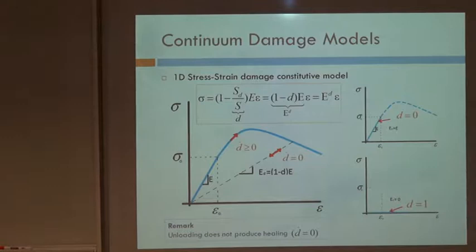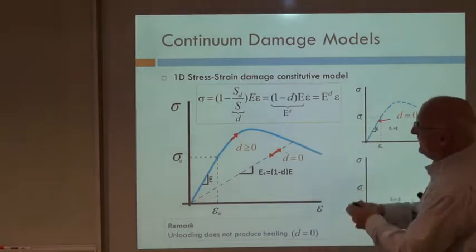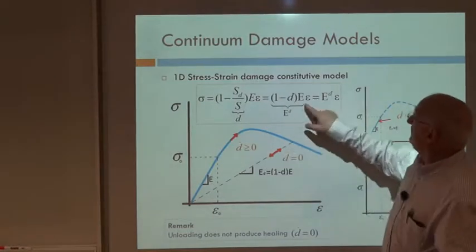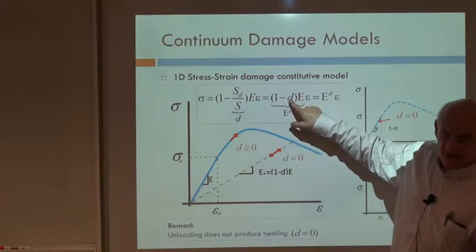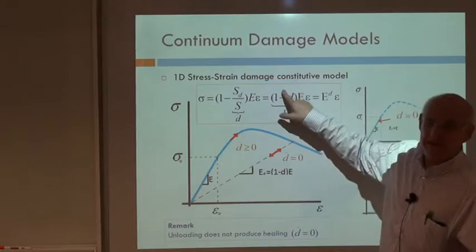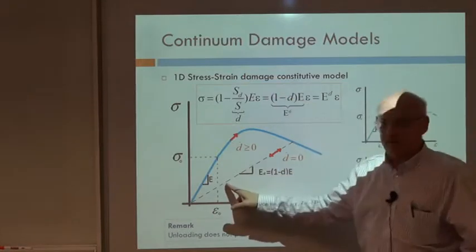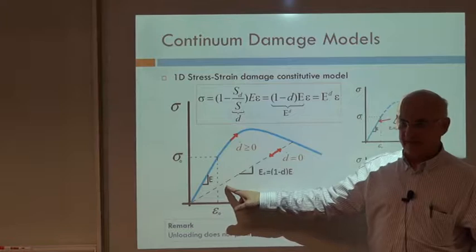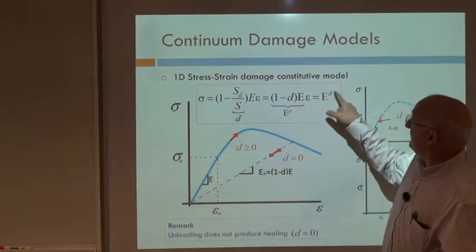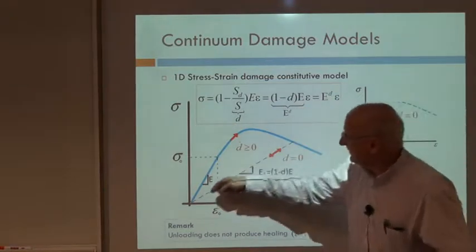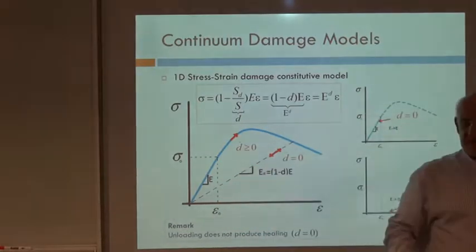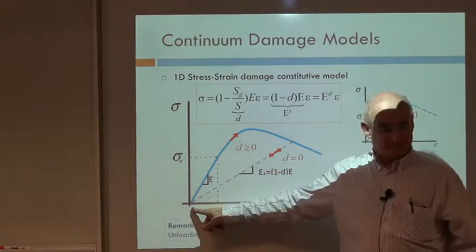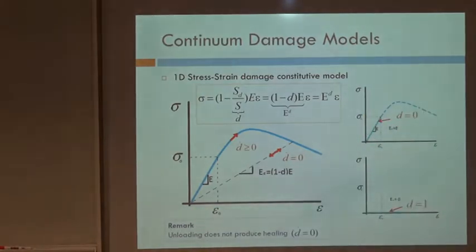So what I'm saying is that at this point, I decrease the strains, then d dot will be 0, so d will remain constant, and this factor will remain constant while I am decreasing the strains. Okay? So that ED will remain constant. So the unloading will take place along a secant branch, secant to the origin. Okay?